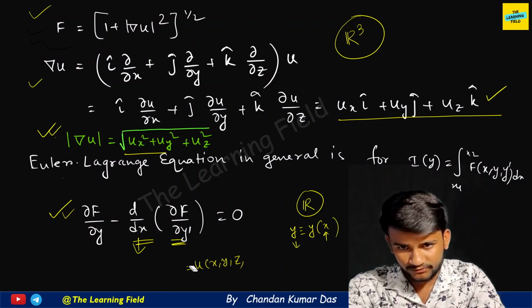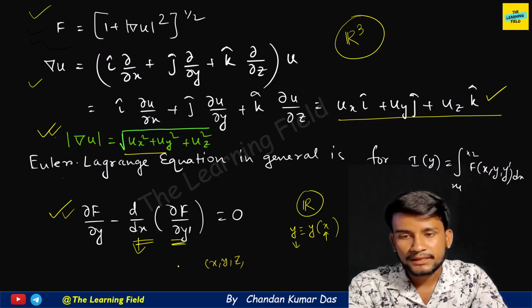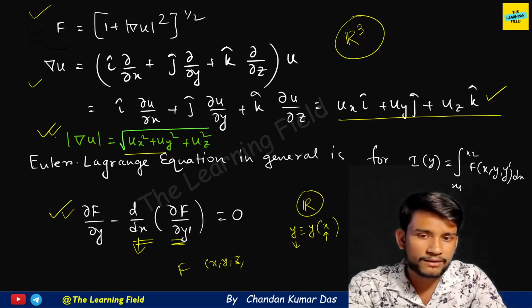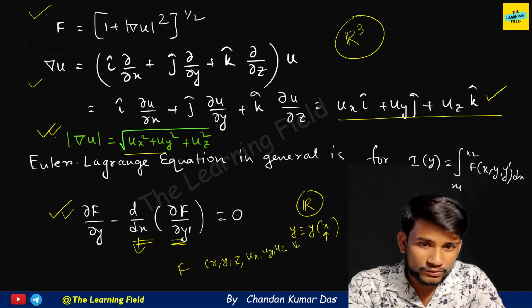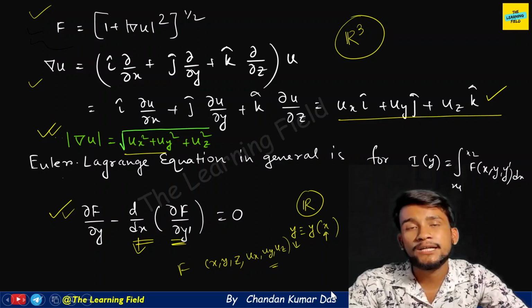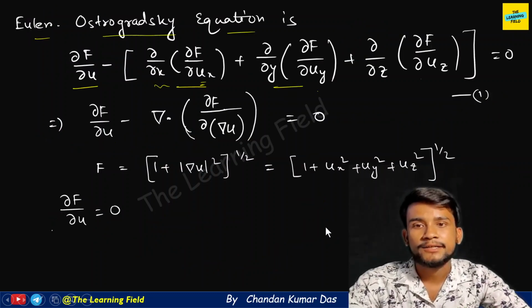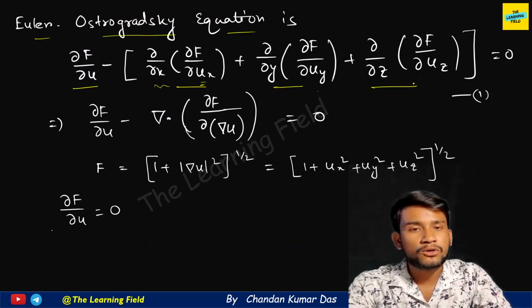So f is a function of x, y, z and ux, uy and uz, that is del u del x, del u del y, del u del z. So this is the Euler-Ostrogradsky equation.